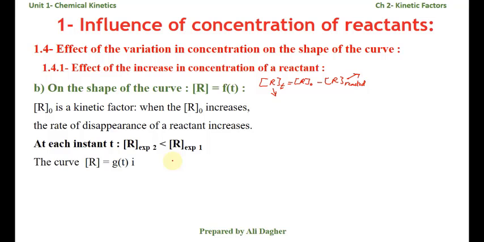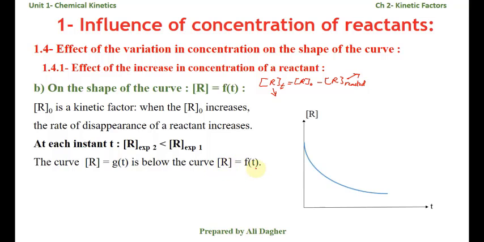Therefore, the new curve concentration of reactant equal Gt is below the curve concentration of reactant equal Ft. Graphically, this is the curve concentration of reactant equal Ft. The new curve is below the old one, concentration of reactant equal Gt.